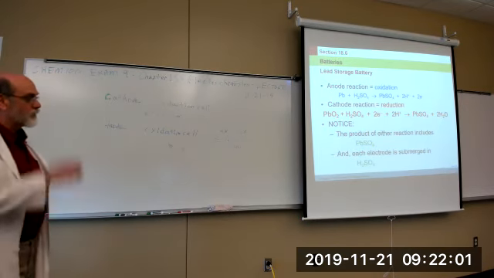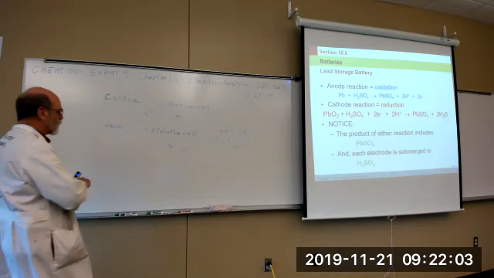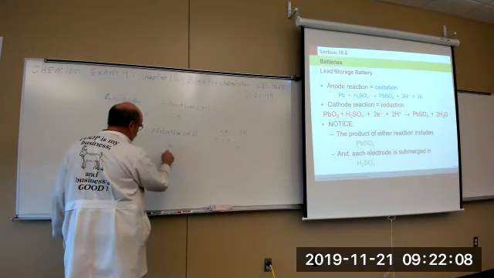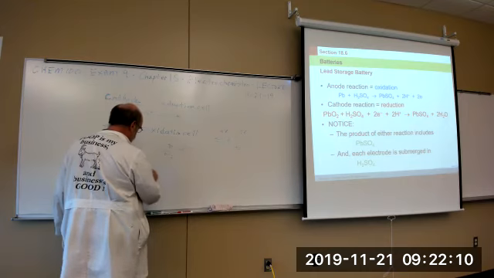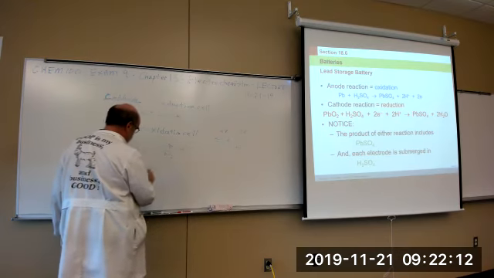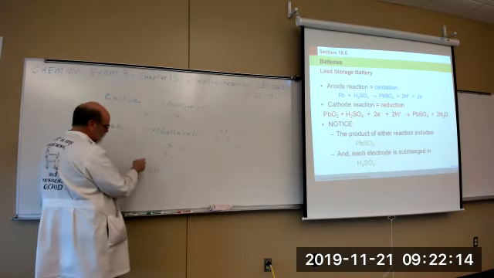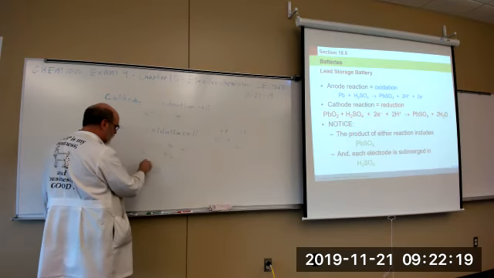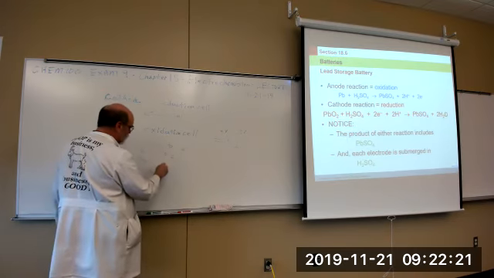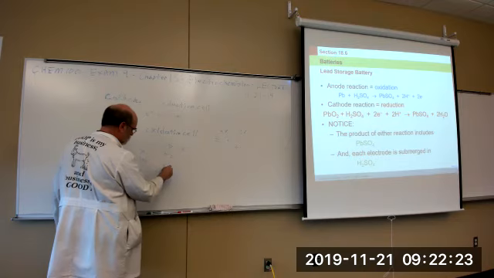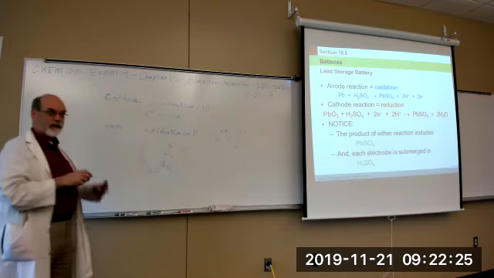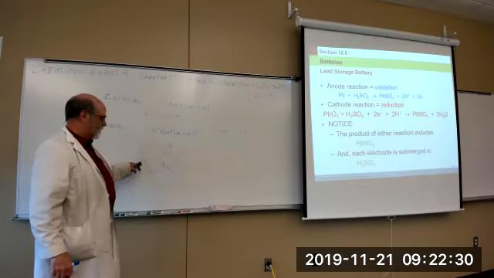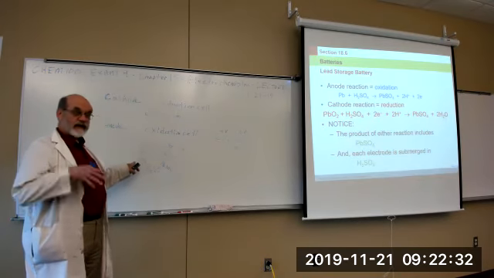This is also a situation where you have the 2 plates. You have the lead plate and the lead oxide plate together with sulfuric acid in between. And when they discharge, when you extract energy, you're producing lead sulfate, which is a solid, on the surface of your plate. The problem is, being a solid, it's not in solution.